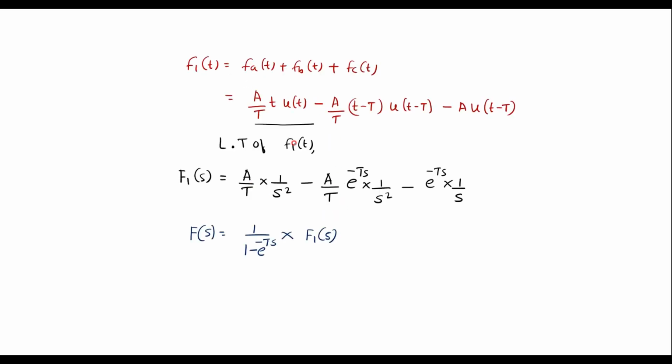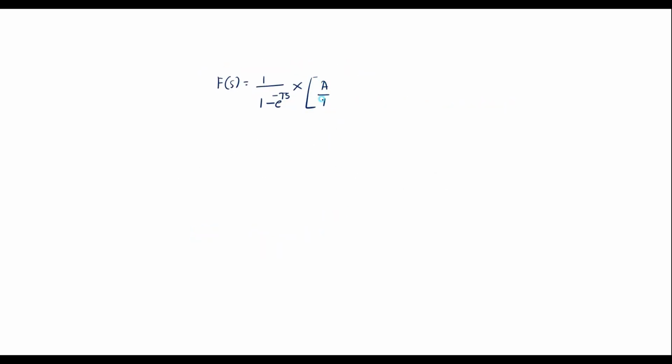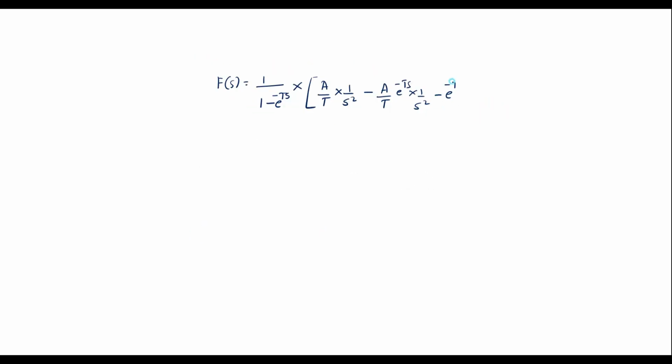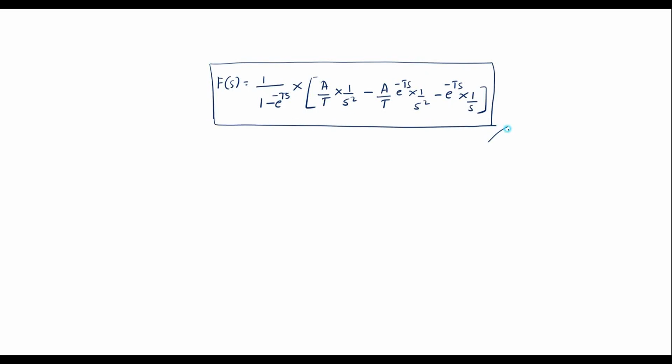F1 of s is nothing but A by T into 1 over s square, minus A by T e power minus Ts into 1 over s square, minus e power minus Ts into 1 over s. So this is the Laplace transform of the given waveform. Thank you for watching.